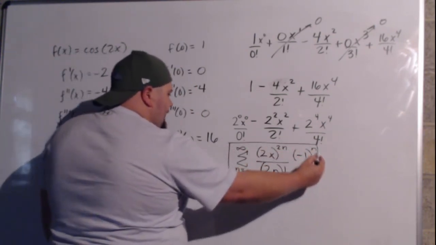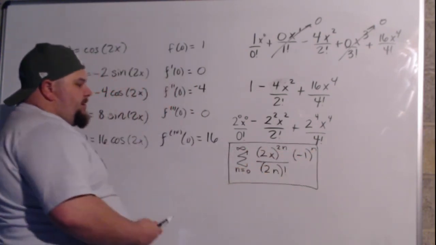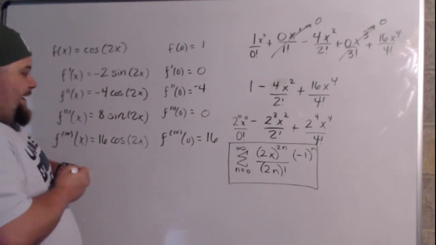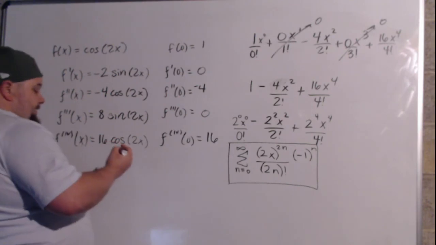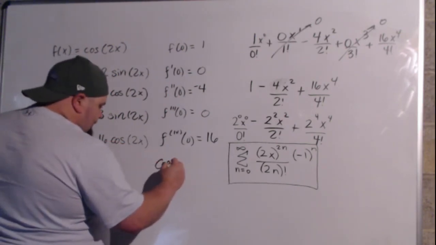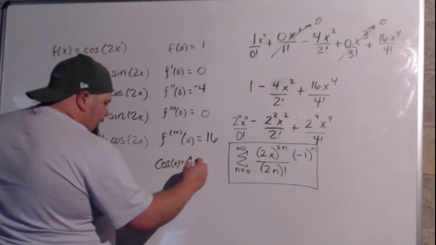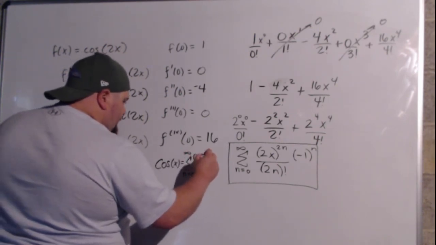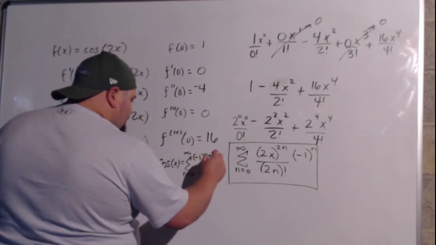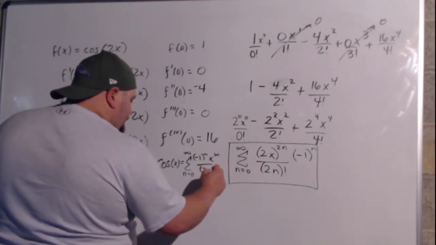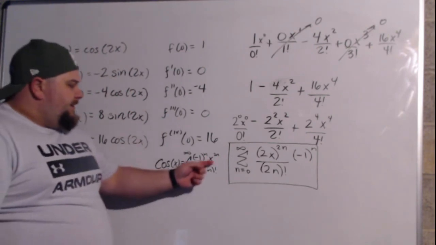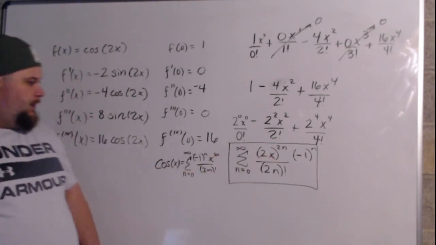And if you look at that power series and compare it to the one that you get for cosine of 2x, or cosine of x, right, cosine x is equal to the sum of -1 to the n, x to the 2n over 2n factorial. So it looks exactly like the cosine one, except instead of x, there's 2x plugged in.